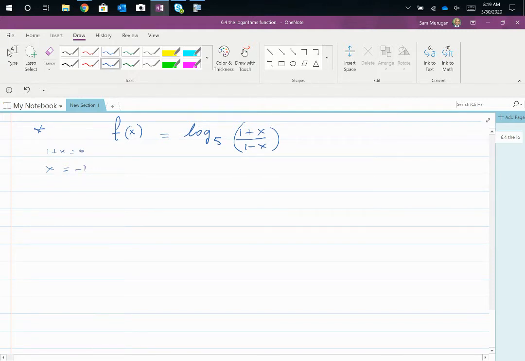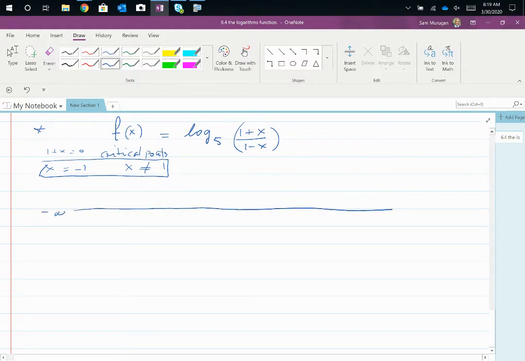And on the denominator, x cannot equal +1. So these are the critical points on a number line. So we're going to make a number line: -infinity to -1 to +1 to infinity.